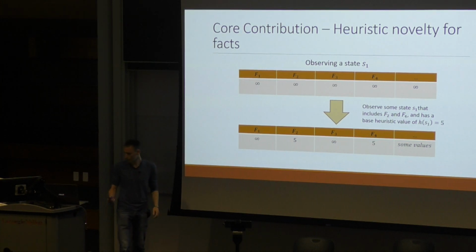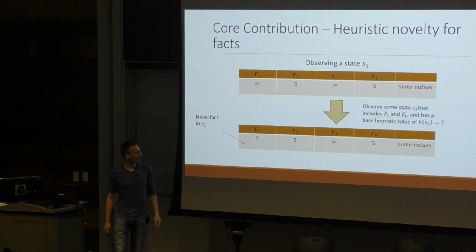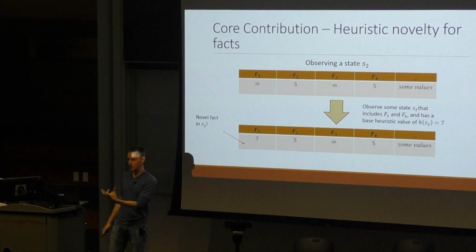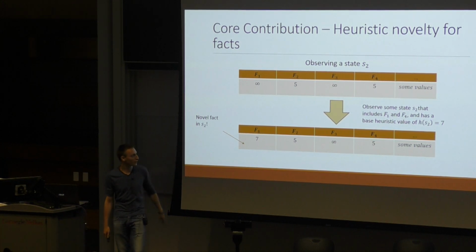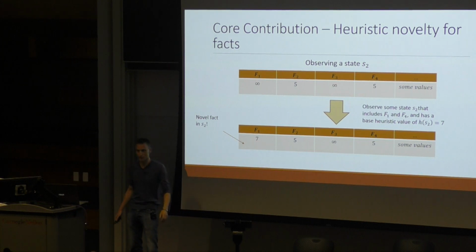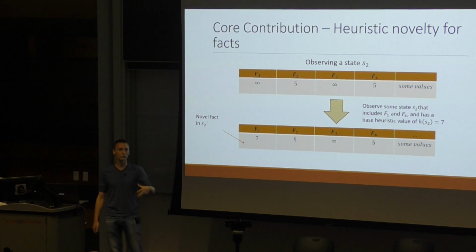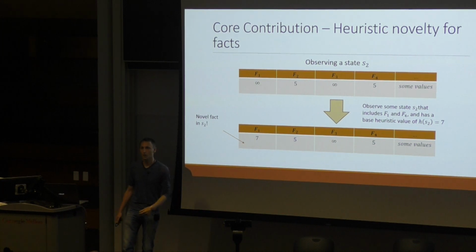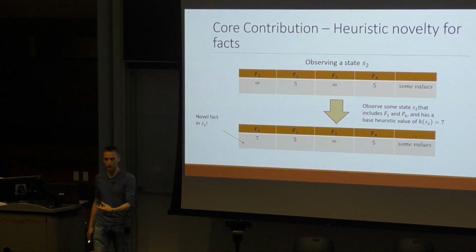All right. Then we observe some state S2. And we observe it with a base heuristic value of 7. And consider it has F1 and F4 as facts, among others. So F4 was previously seen with heuristic value of 5, and now it's 7. So we don't touch the novelty score. But F1, we do update the novelty score from infinity to 7.